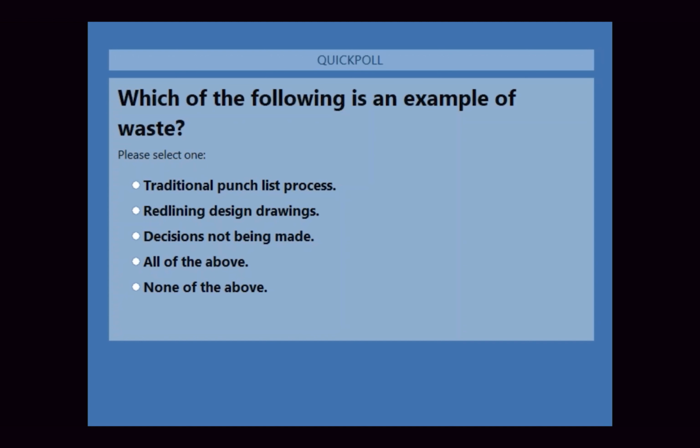I would say the first one and the most important is non-utilized talent. When I think about sitting in a meeting with all these great minds together, if I haven't given those people something to do before they get to the meeting, homework to prepare for the meeting, then why am I having the meeting in the first place?